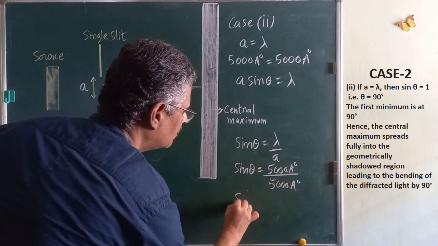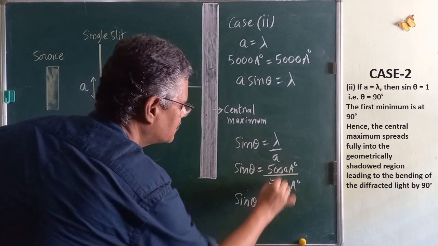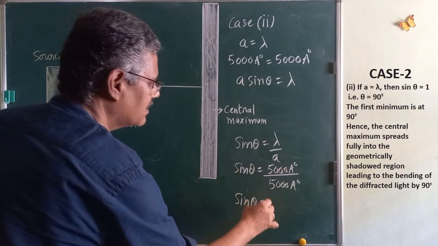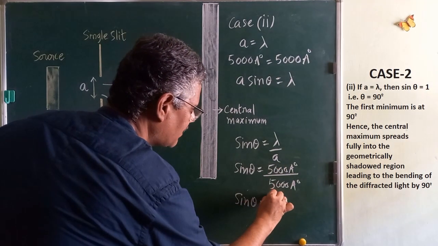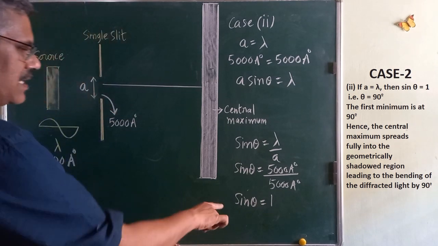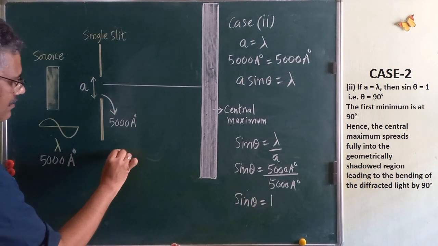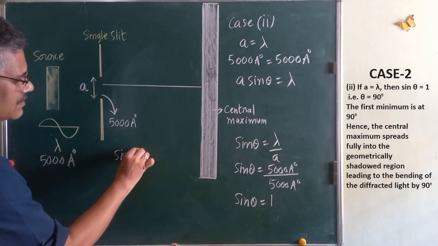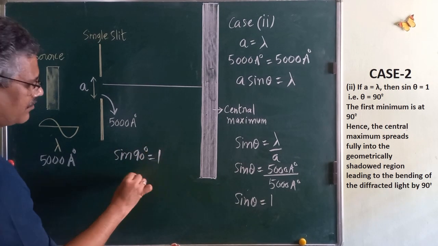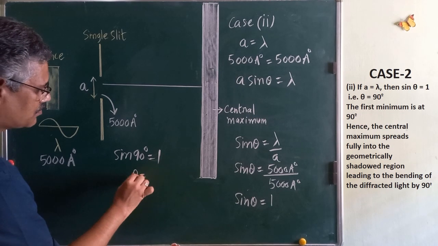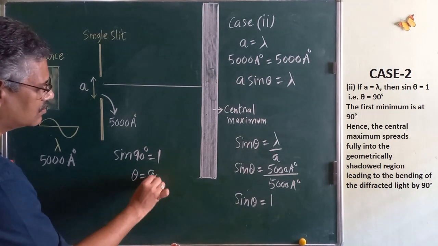Just for understanding purposes I have substituted; this need not be written in the exam. So this value is equal to 1. If sin theta is equal to 1, what would be the value of theta? We know very well that sin 90 is equal to 1. Therefore, the angular spread theta will be equal to 90.